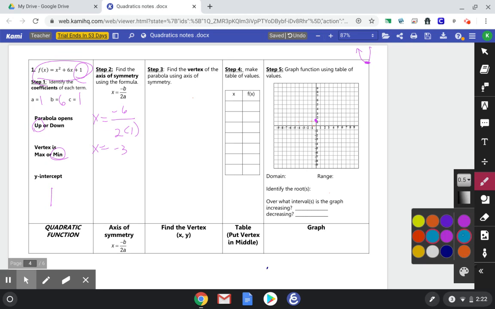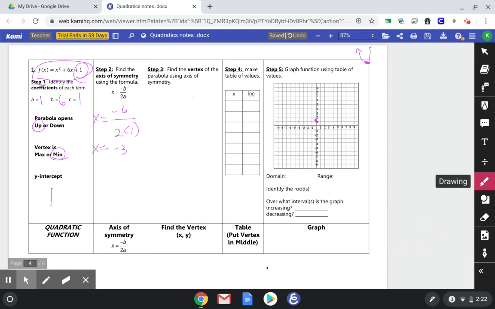So I know that when x equals -3, this right here is what's going to be my axis of symmetry. So after I get a couple points in my curve, that line should just cut it right through the middle. All right, so I know my axis of symmetry. This is also very important because that's going to be the x value of my vertex.